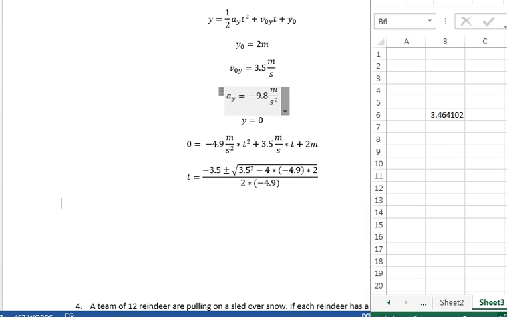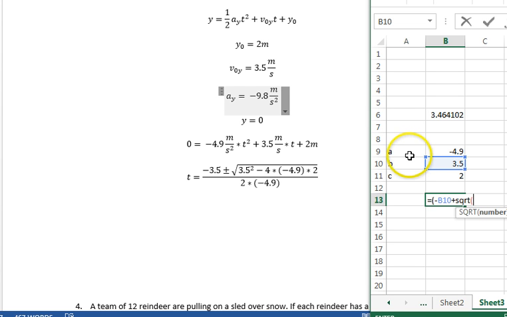Okay, so quadratic formula, A, B, C. A is minus 4.9, B is 3.5, C is 2. The answer is minus B plus the square root of b squared minus 4 times a times c, divided by 2 times a.